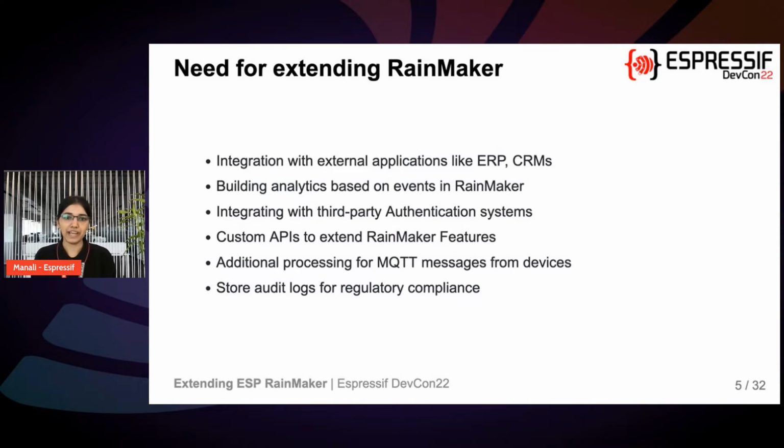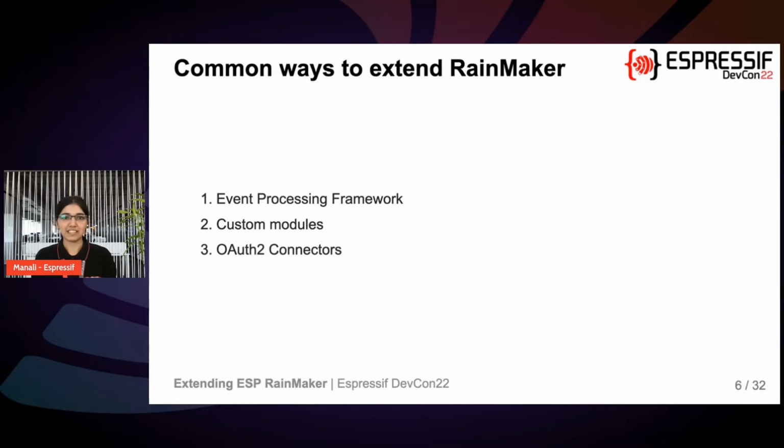There may be many more, and we would love to hear what creativity you have and what things you try to extend RainMaker with. These are the common ways that we think you can extend RainMaker. One is the event processing framework, second is custom modules, and third is OAuth2 connectors. The event processing framework means that every time events are generated in RainMaker due to users, APIs, or device messages, you want to do some action.